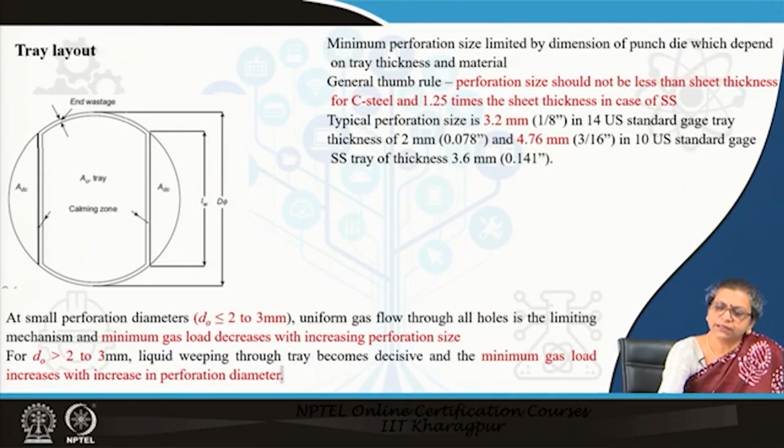So, there are certain thumb rules, like the perforation size should not be less than the sheet thickness for carbon steel, and 1.25 times the sheet thickness in case of stainless steel.